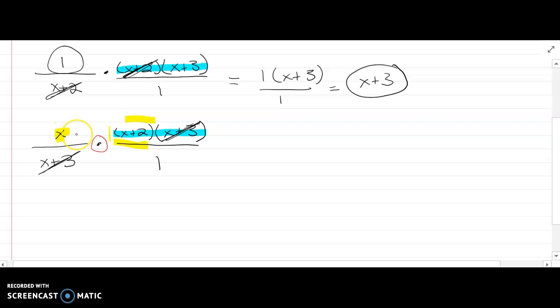So now I'm left with x times x plus 2. Well, here I notice I can distribute this x in, so I'm going to do so. Distribute, then I get x squared plus 2x.